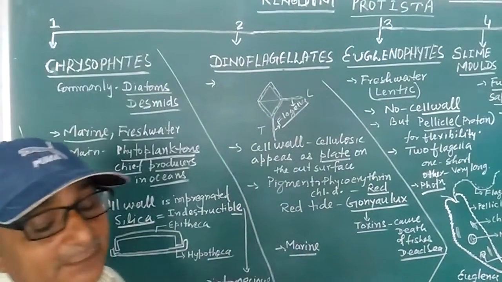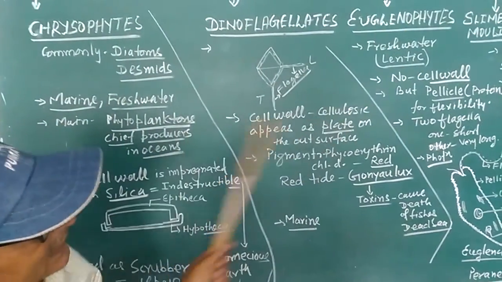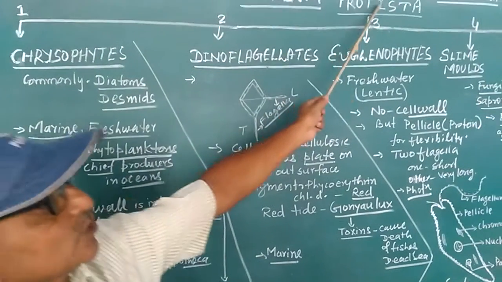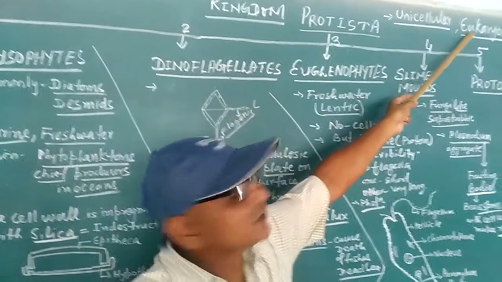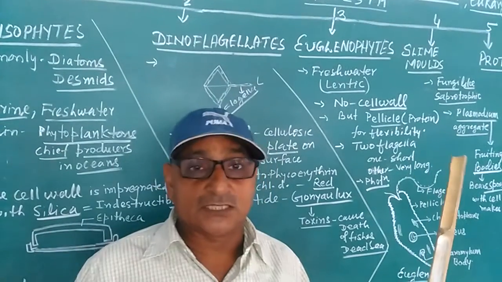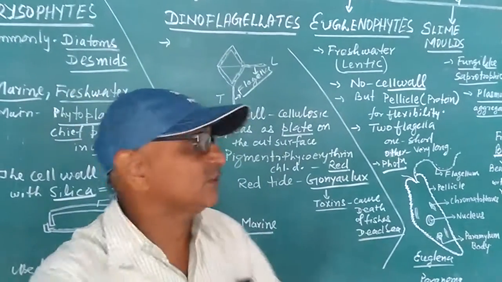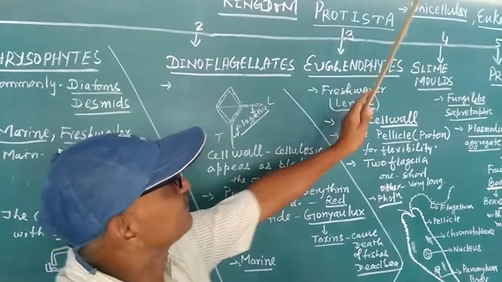But in the 5 kingdoms given by R.H. Whittaker, these are separately placed in Kingdom Protista, which are eukaryotic, having a membrane-bounded nucleus and other organelles like mitochondria, Golgi body, chloroplast, as you are already familiar, and unicellular.